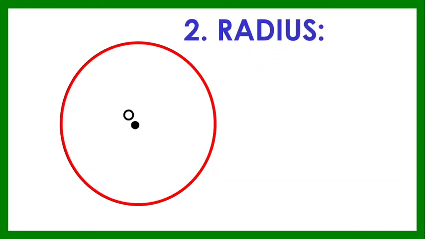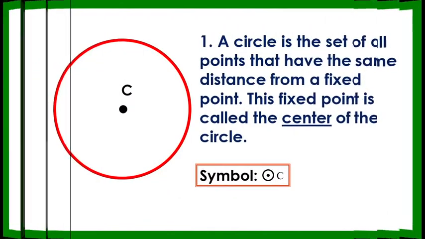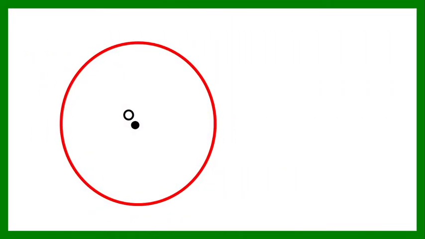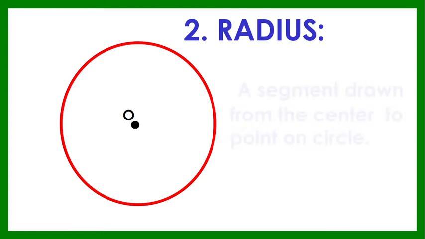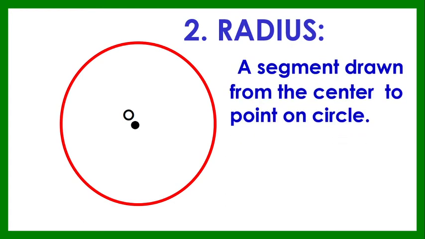Next term, we have the so-called radius, a segment drawn from the center to a point on the circle. Okay, so that is an example of radius. We have point O and point A. Connecting the 2 points, it creates an example of radius.